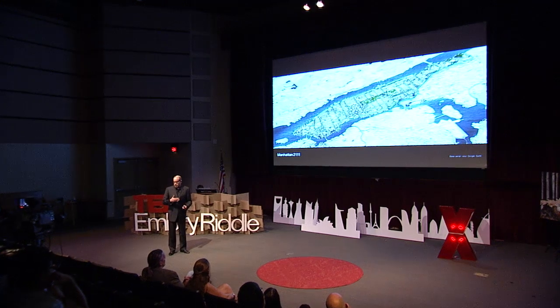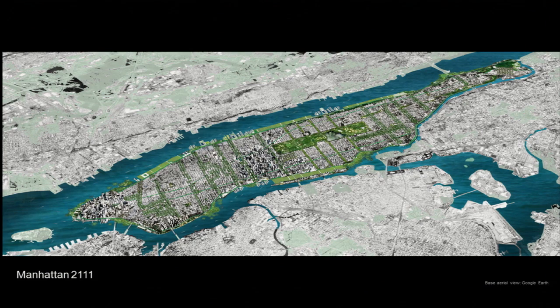This was an academic project whose purpose was to encourage the discussion of climate change and infrastructure responses in the city, and it's been published in American and English journals.